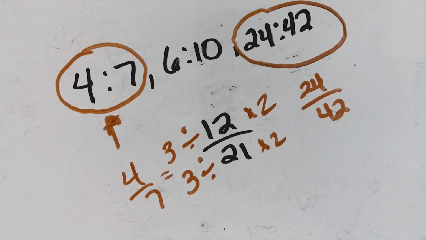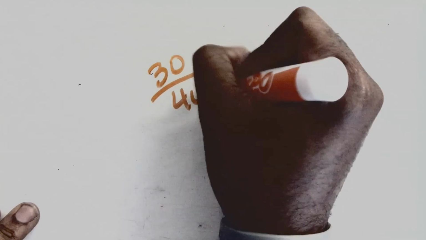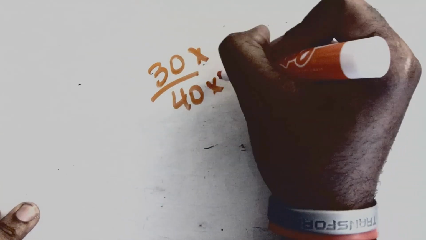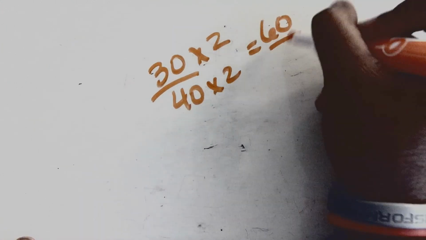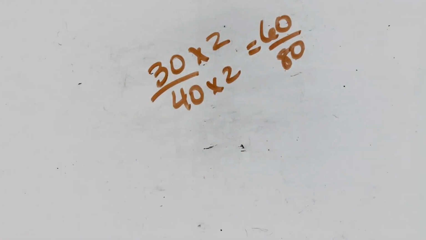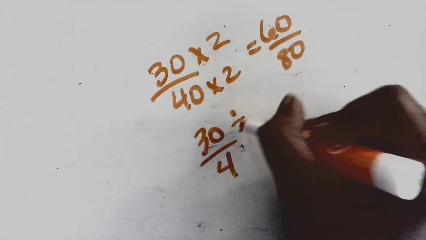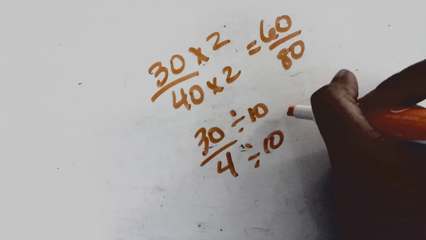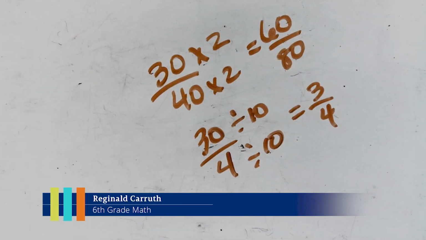So for example, if I had 30 to 40, I can multiply both my top term and my bottom term by 2 to give me 60 to 80 for my ratio. As well as if I did 30 to 40, I can divide both terms by 10 to get our equivalent ratio. We will work together on a few to make sure you are able to work on your own.